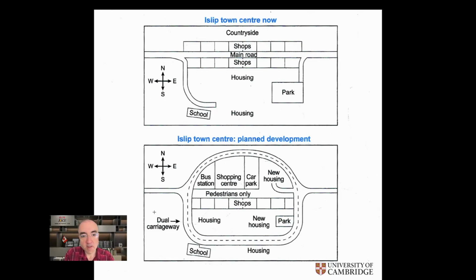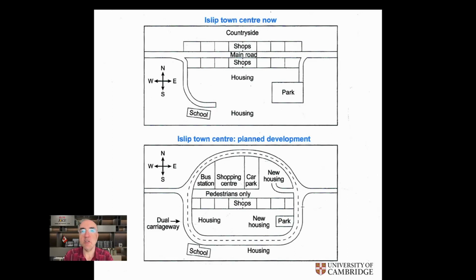But the dual carriageway, the passage, needs its own paragraph because it acts as a connector, and that deserves a separate paragraph from the writer's point of view, which is fine.